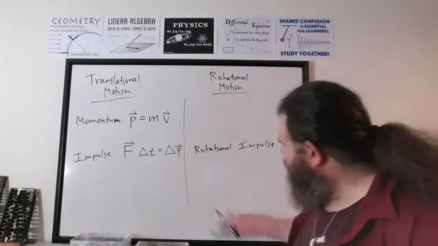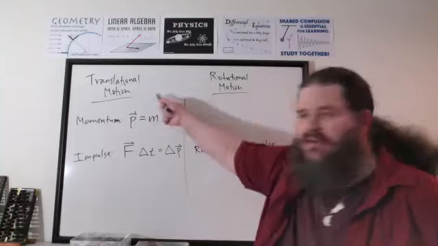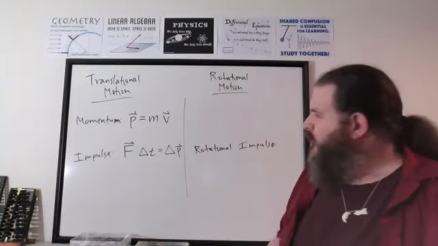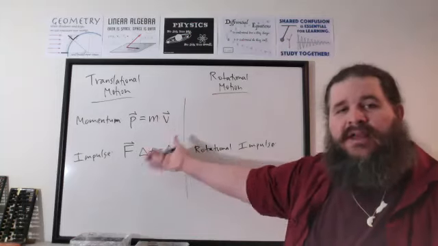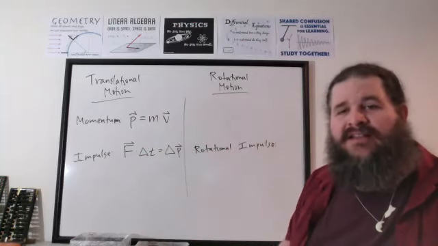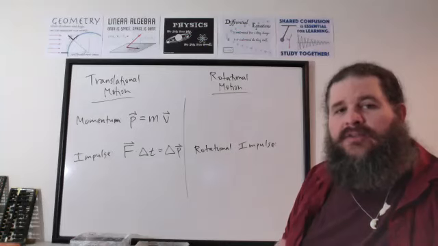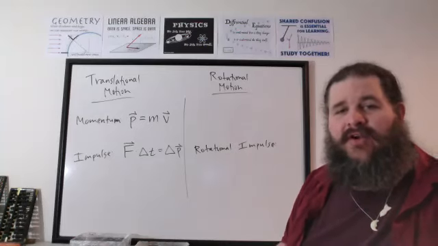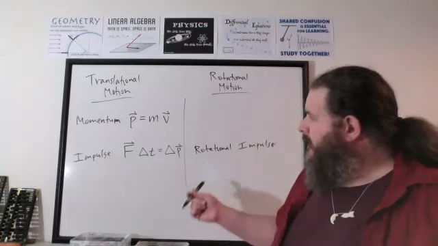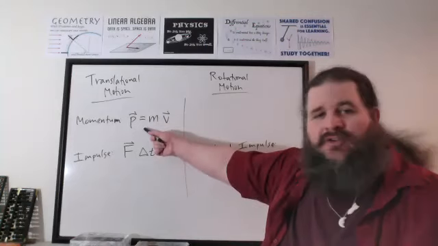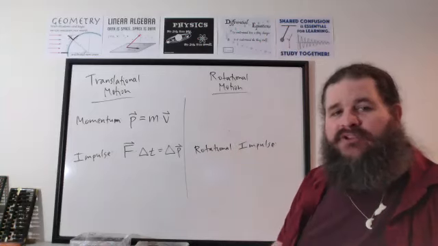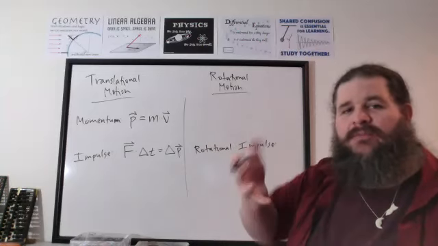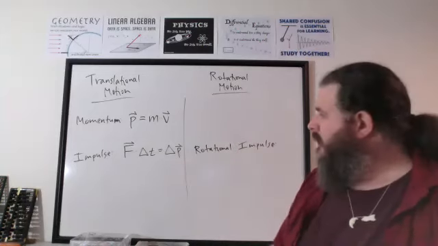There's a lot of situations with translational versus rotational motion where there's a formula for translational motion and a formula for rotational motion that is exactly the same structure, just with different values or different meanings for the variables. And so each of the variables in terms of translational motion, there's an equivalent variable for rotational motion that means kind of the same thing, but about a spinning object rather than a moving object.